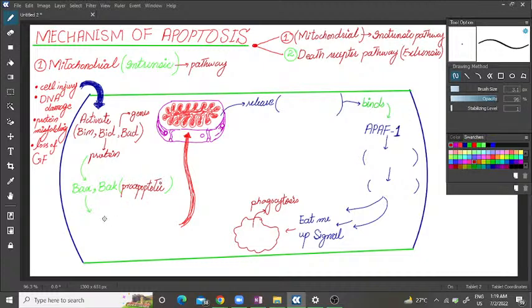So what are these Bax and BAK proteins basically going to do? They are basically inserted into the mitochondria.